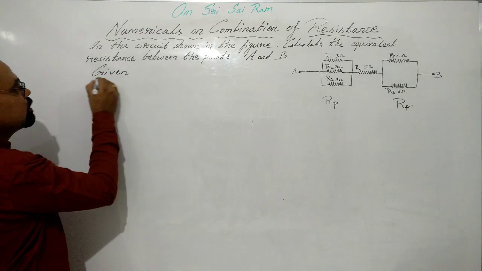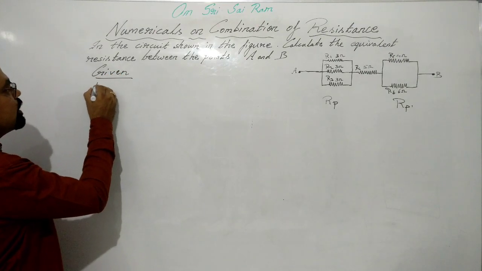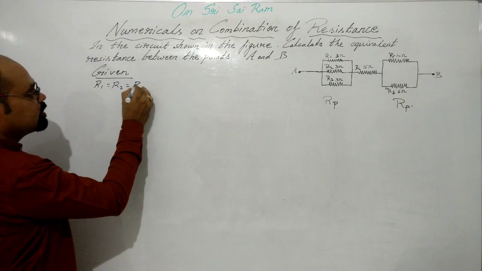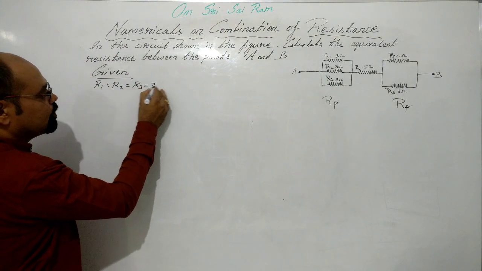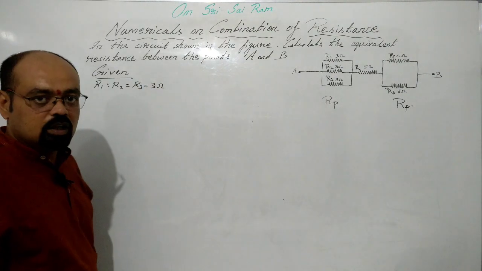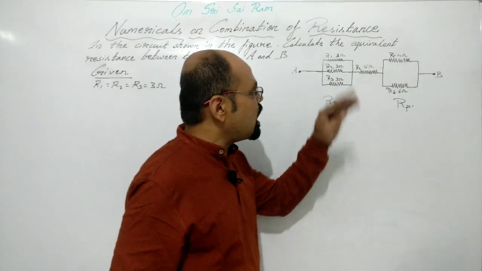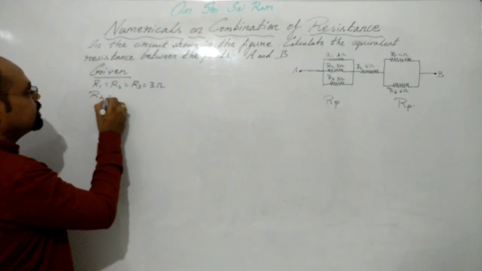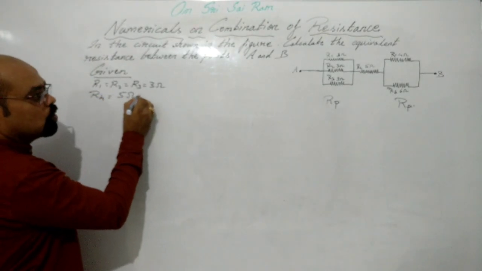So let's write what is given in the question. R1 is equal to R2 is equal to R3 is equal to 3 ohms. Next, R4 is equal to 5 ohms.